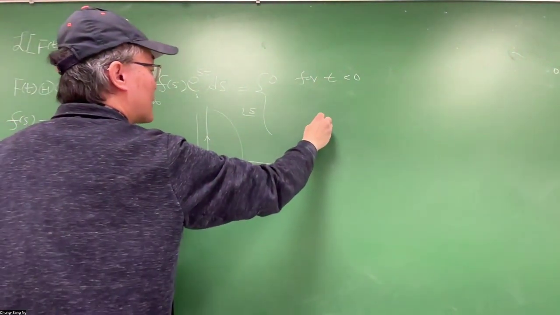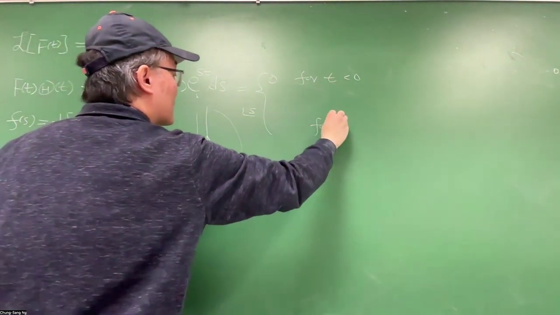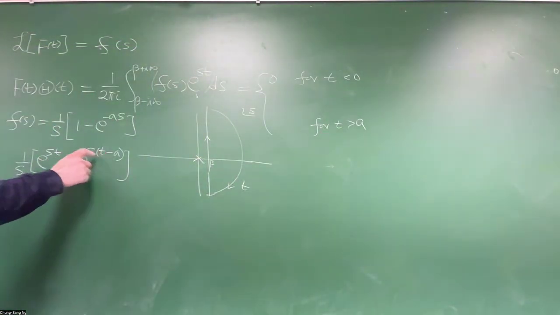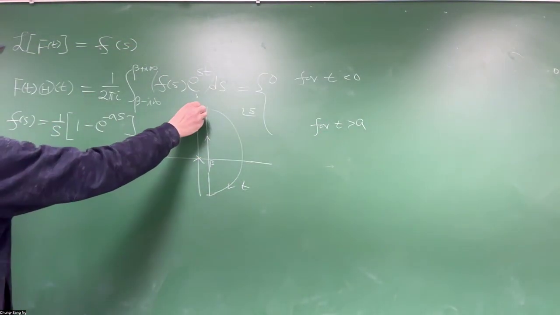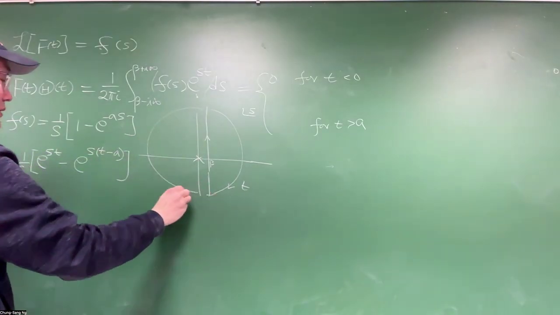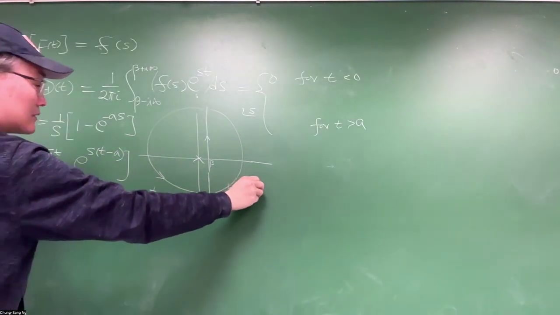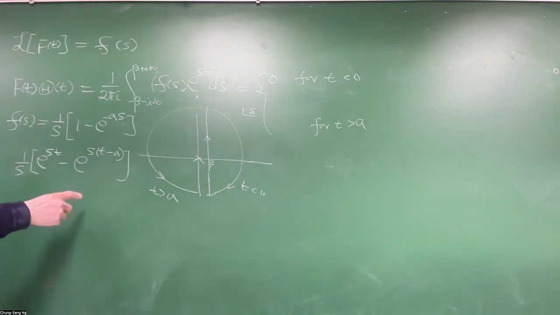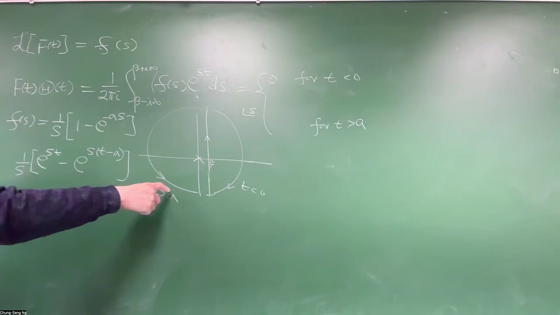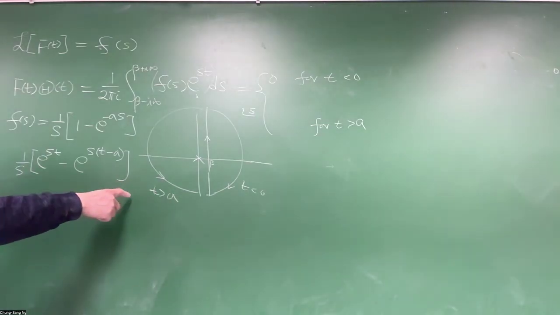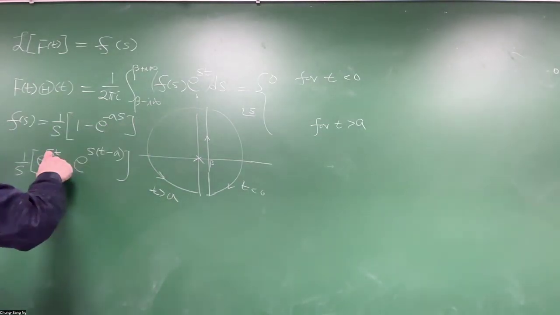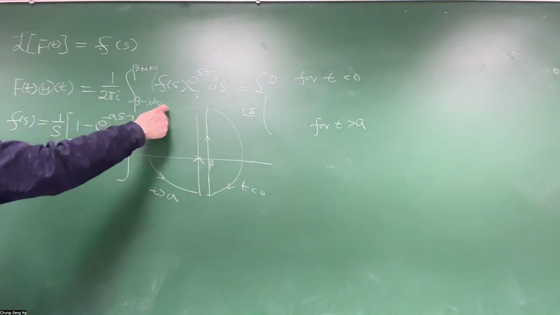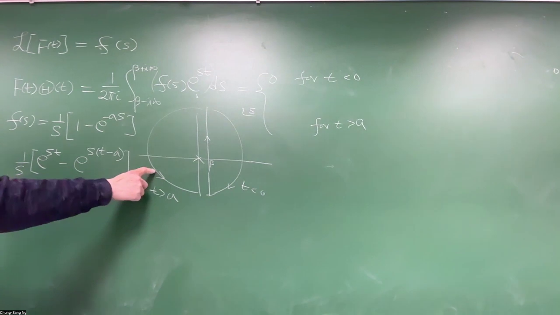And then the next case, t greater than a. Both are positive, so you can close it the other way, to the left. Both of the exponential functions will contribute 0 along this path, so the path doesn't matter.